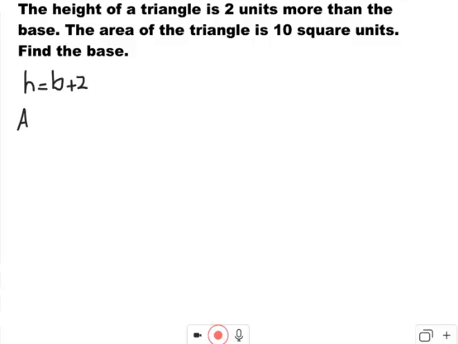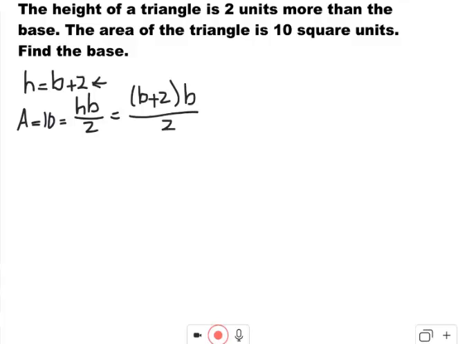The area, let's denote it with A, is 10, which by formula is height times base divided by 2. But from here we know height is b plus 2, so we can write this as b plus 2 times b divided by 2. This is going to be our area.